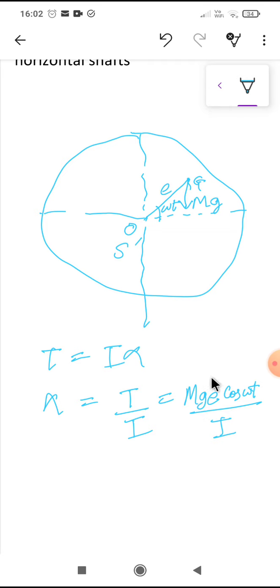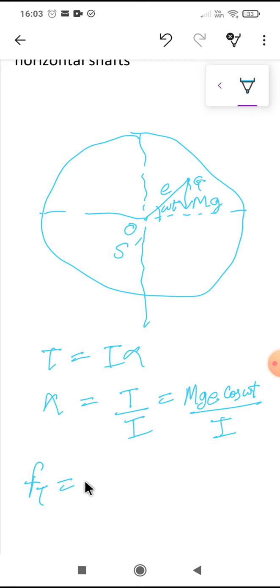So the tangential acceleration at G will be f of t, and we take its vertical component. Suppose this G has a tangential acceleration f of t.